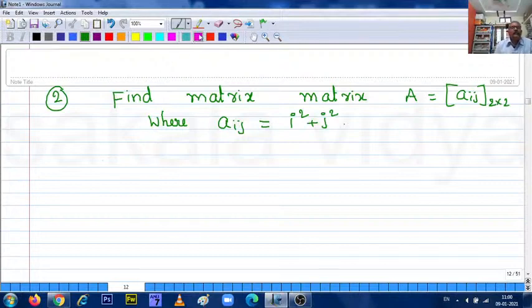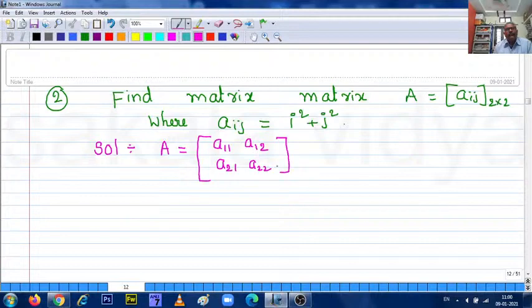See now the solution. First write down A equals the general 2 by 2 matrix: A11, A12, A21, A22. Now we need to define A11. A11 equals i square plus j square: 1 square 1, 1 square 1, 2. A12: 1 square 1, 2 square 4, 5.